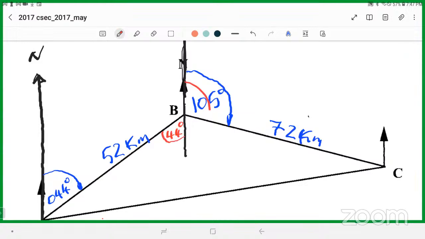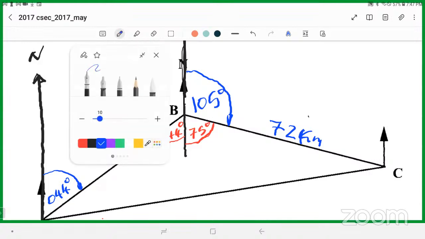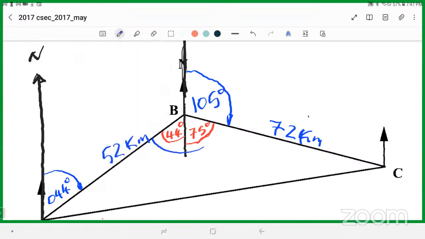And then on this side, I have a straight line. Total angle on a straight line is 180. And so this part of it is 180 minus 105, which is how much? 75. So inside this says 75 degrees. And so the total angle across here, which I'm going to put in blue now, is the sum of those two. 75 and 44 is how much? 119.